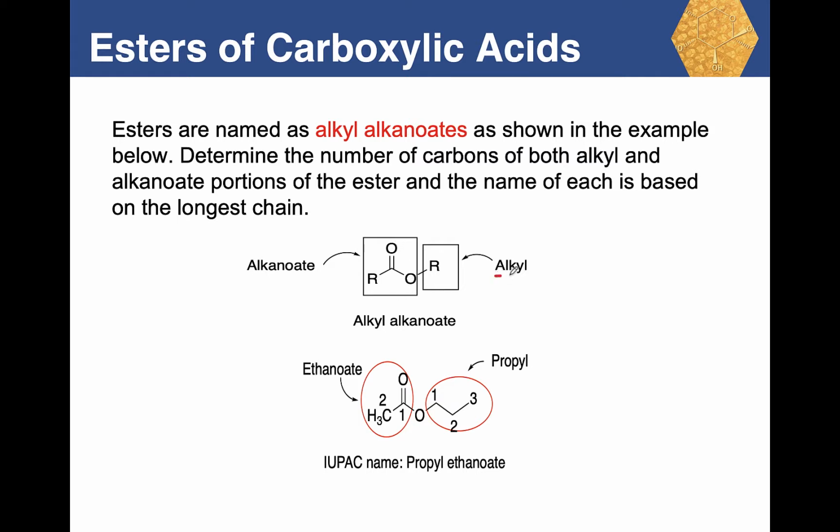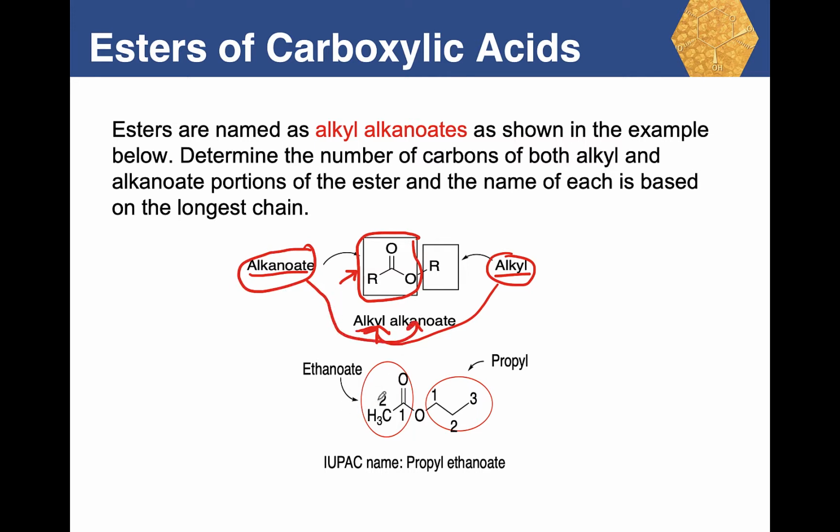First, we name this as an alkyl group, and we name this group back here as an alkanoate. So we determine how many carbons are in this group here and name it as an alkanoate. Notice the alkyl comes first and the alkanoate comes last.